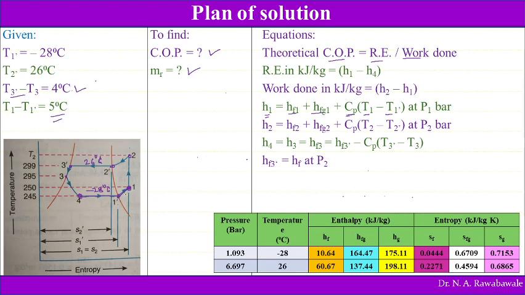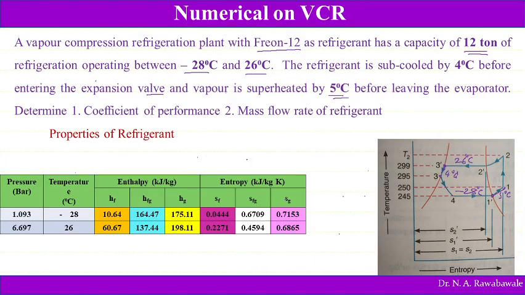This temperature difference is given to us, and the Cp to be taken in this problem is not given, I think, though we'll see what is actually given. It may be given. Vapor, that is 0.615. So Cp is given: 0.615 kilojoules per kg Kelvin.